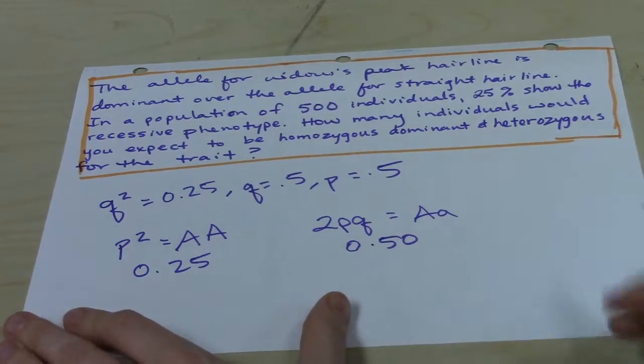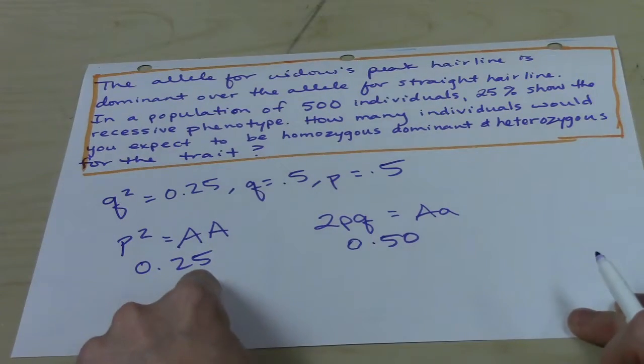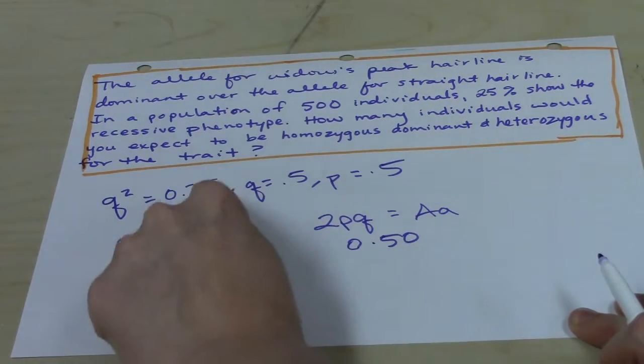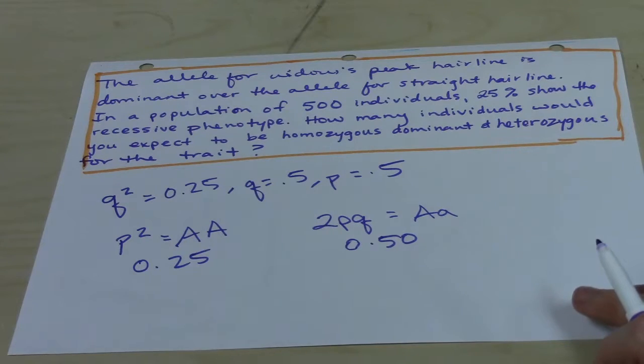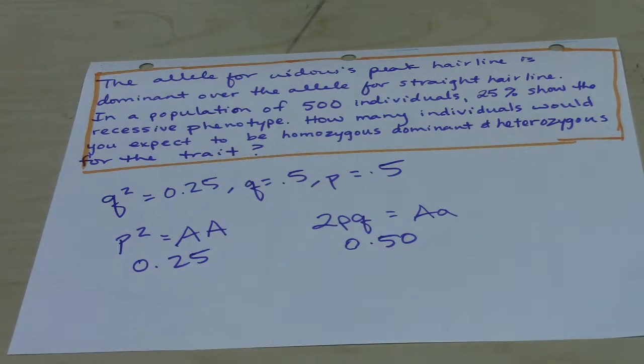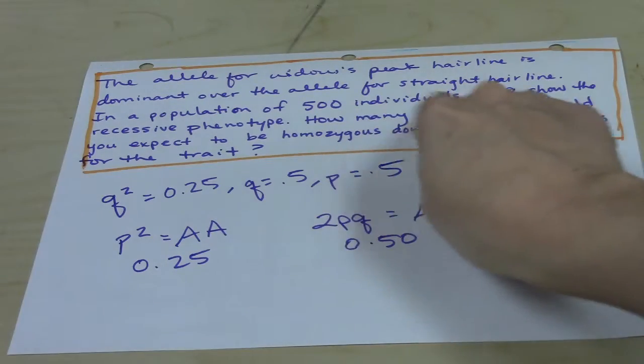And that works out because p squared plus 2pq plus q squared does equal 1. So that's how we know that works out. But the question asks us not what percentage, but how many individuals.